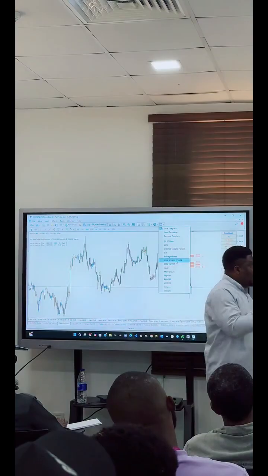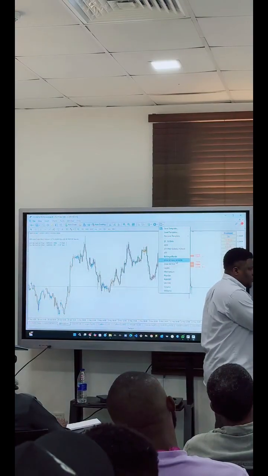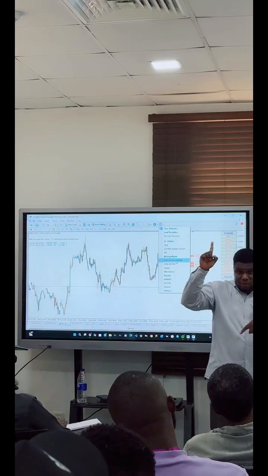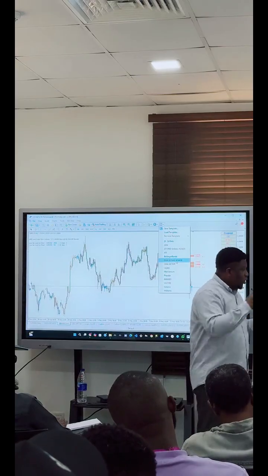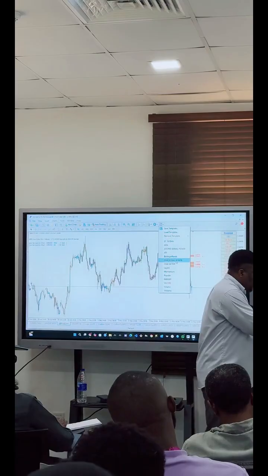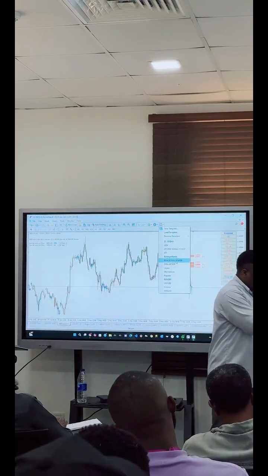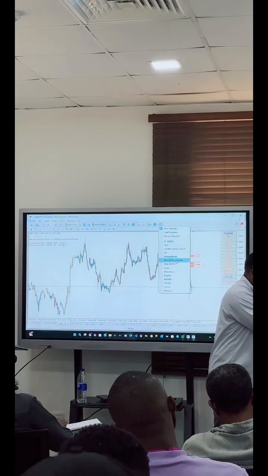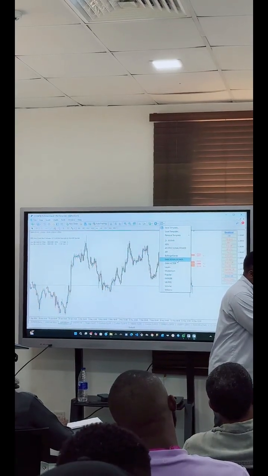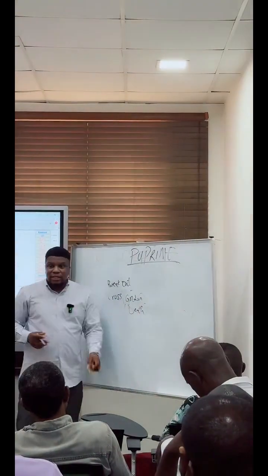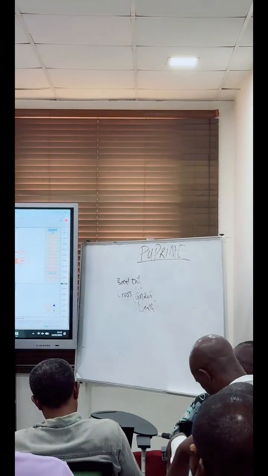The first way is what we call the moving average breakout. For those who have used it for moving average breakout, I'll show you. The second one is what we call the moving average cross. And in the cross, we have the golden cross and we have the death cross. I'm mentioning death now. Some of you are afraid already. Yes.